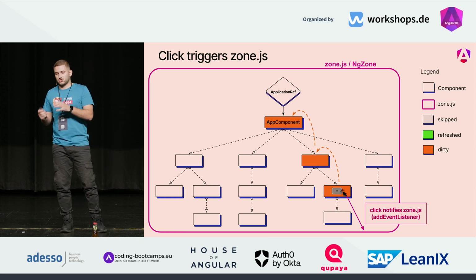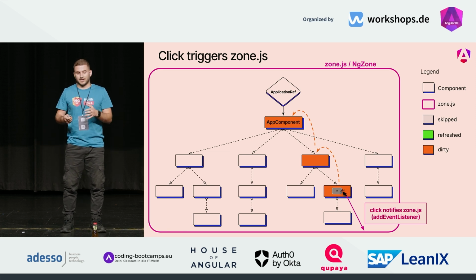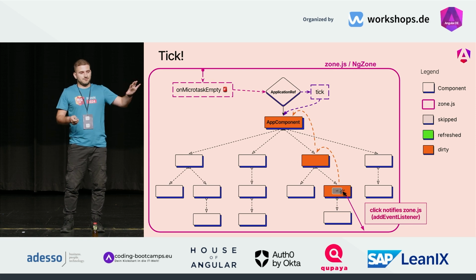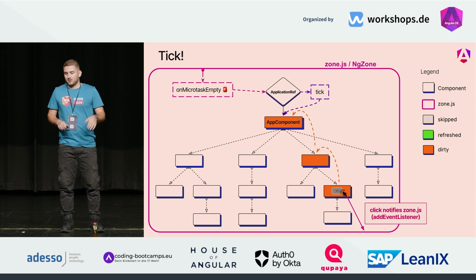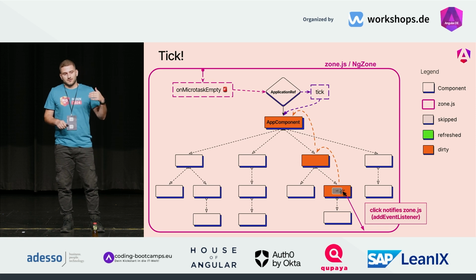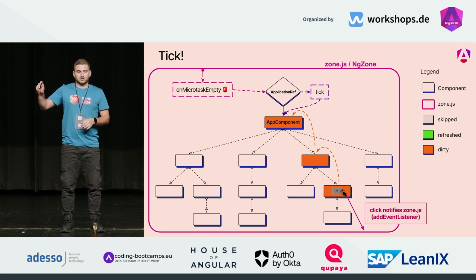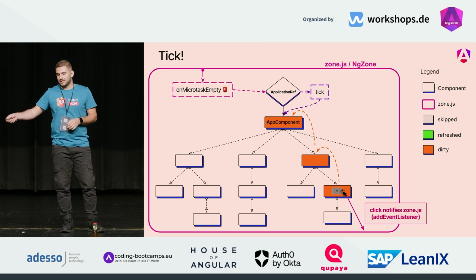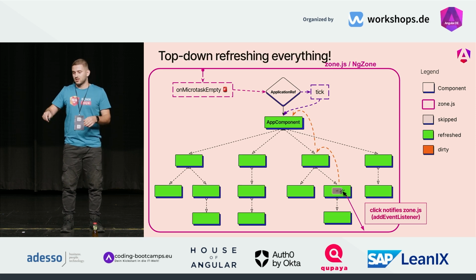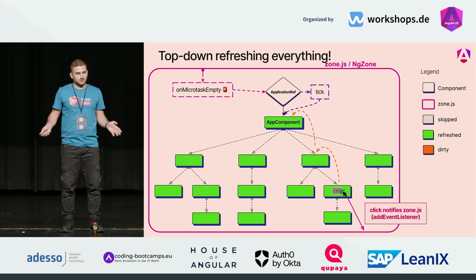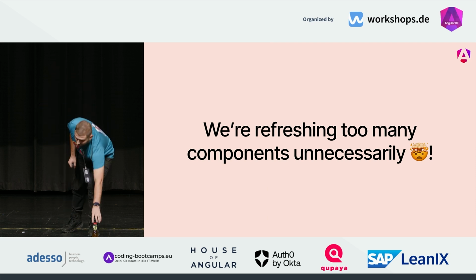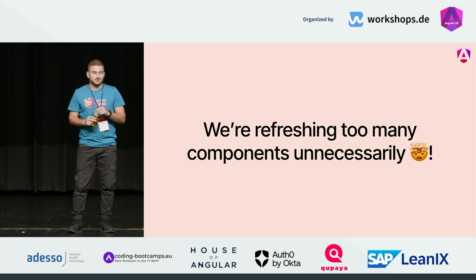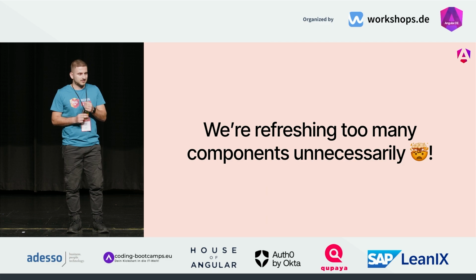And after everything is finished, so there's no more work on the microtask queue, onMicrotaskEmpty gets fired, applicationRef.tick gets called, and Angular goes to app component and says, refresh everything top down. So that's an issue because we're refreshing too many components unnecessarily.